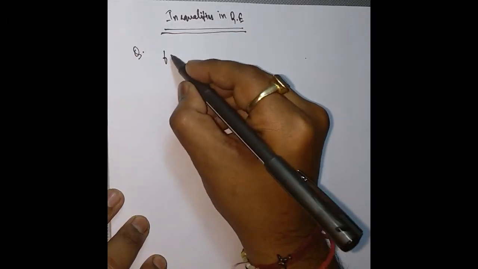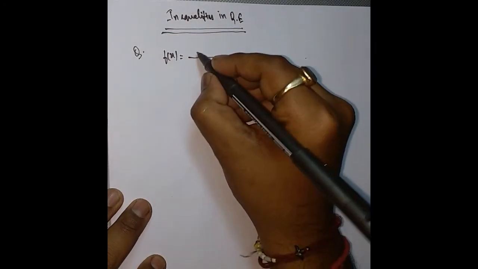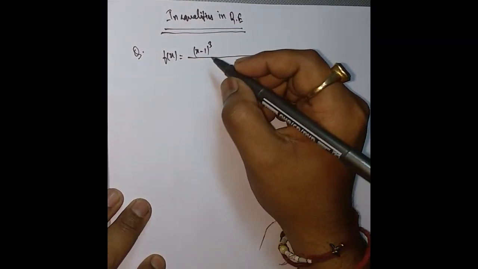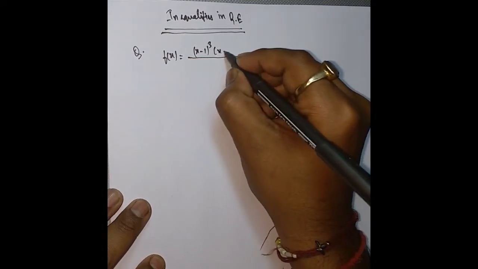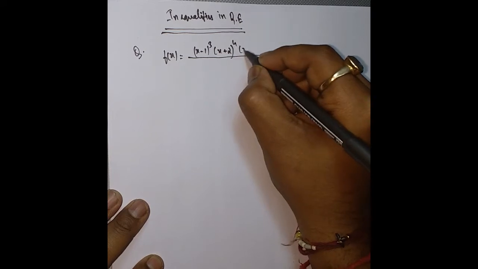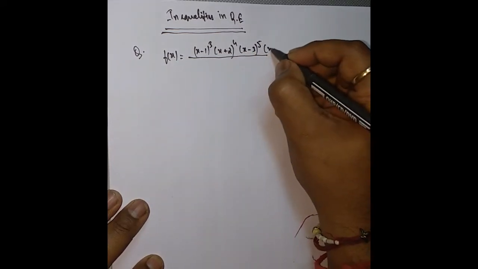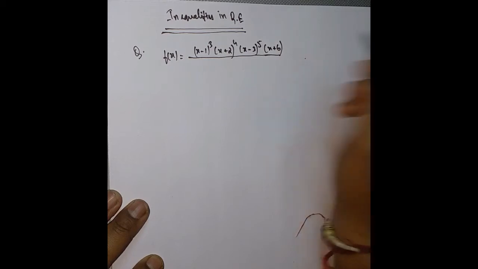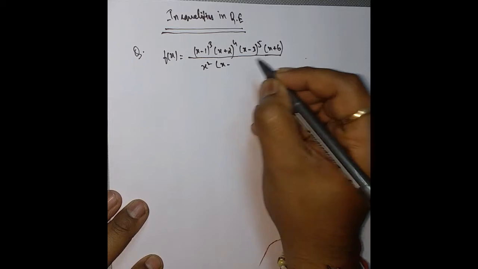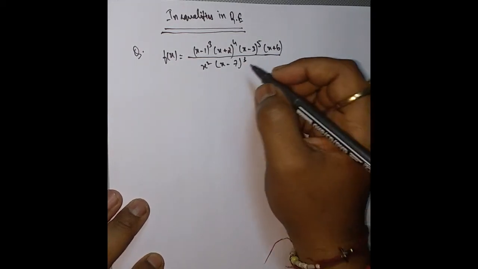For example, f(x) be any polynomial and it is equal to (x minus 1) whole cube, (x plus 2) whole to the power 4, (x minus 3) to the power 5, and (x plus 6), and in the denominator part we have x square upon (x minus 7) to the power cube.